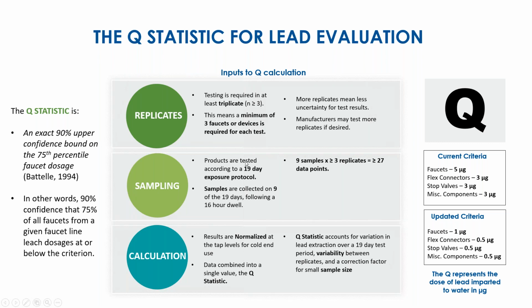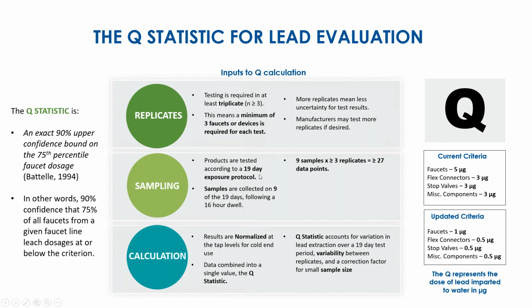The calculation is based on testing a given faucet in at least triplicate. So whenever we do a faucet for a Q calculation, we have to test at least 3 individual faucets, although the manufacturer can choose to test more faucets if they desire. Products are then tested according to a 19-day exposure protocol, which I will show you in a few slides.